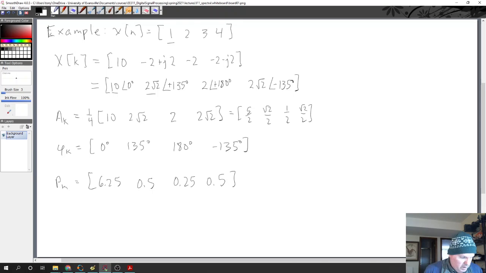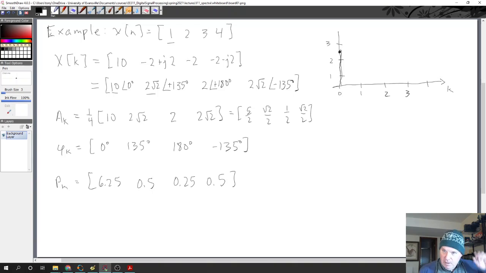Now, if you plotted the amplitude spectra, and again, these are all going to be real, we could plot each of these. So the amplitude spectra, if I wanted to plot it, the indexes k would be 0, 1, 2, 3. The first element here, 5 halves, is going to be 2.5. And if I do a stem plot, that would be at 0.